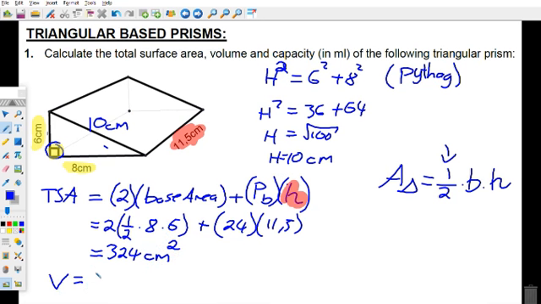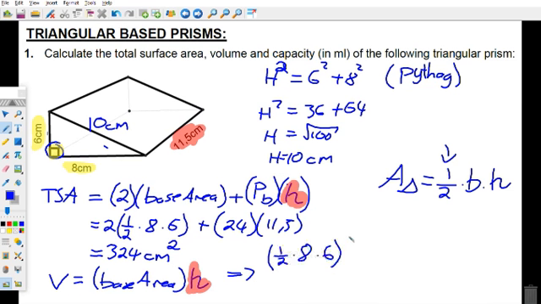Okay. So my volume is going to be what? My volume is my base area multiplied by my height. Again, where does that height come from? There it is there. It's the thing that's making it into a prism. So, our base area, what did we work out? Half times 8 times 6.